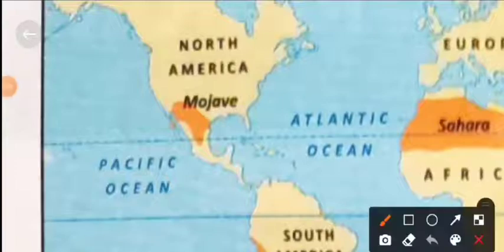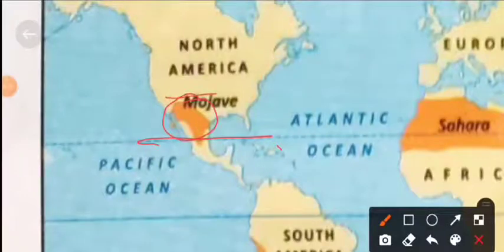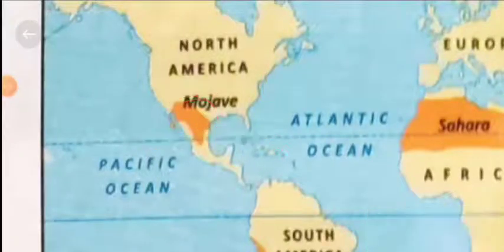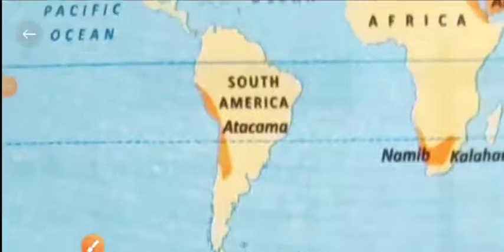Next is the Mojave Desert, which lies in North America near the Tropic of Cancer, between 30 and 15 degrees latitude.